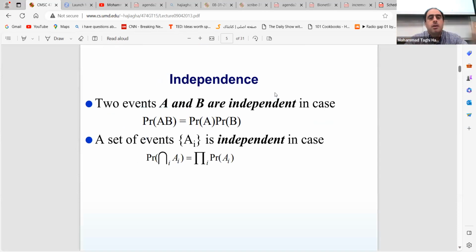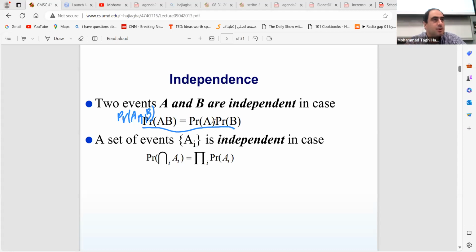Another thing that we are using is independence. We say two events A and B are independent if probability of AB, which again means probability of A intersection B, is equal to probability of A times probability of B. And again, as I mentioned, when we have intersection, it plays very similarly to multiplication.